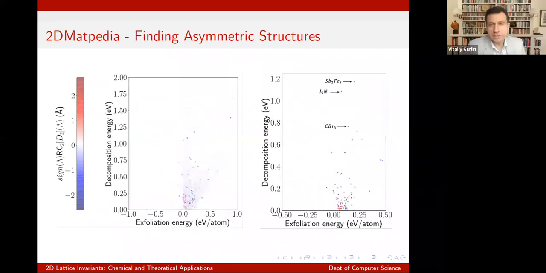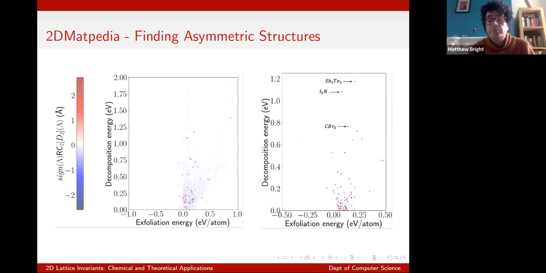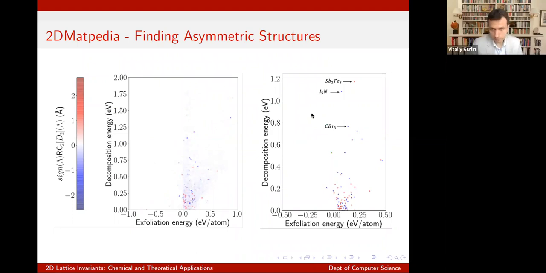Yes, to summarize this part, Matt, you have started from a database of 2-dimensional materials. Most of them are simulated, but there are some experimental materials. And of course, from every material, we took only the 2-dimensional lattice, ignoring the motif.